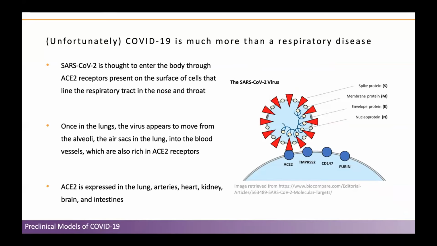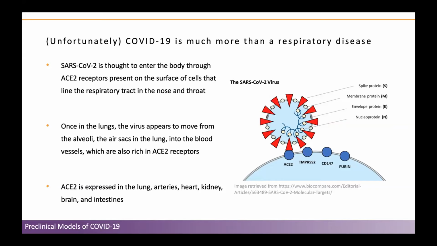So the ACE2 receptor is a protein, and what it does is it helps to modulate the many activities of angiotensin II. And you've probably heard of angiotensin II in various other research applications. Angiotensin II works to increase blood pressure, various inflammatory processes, things like that. So it's heavily involved in the immune system.